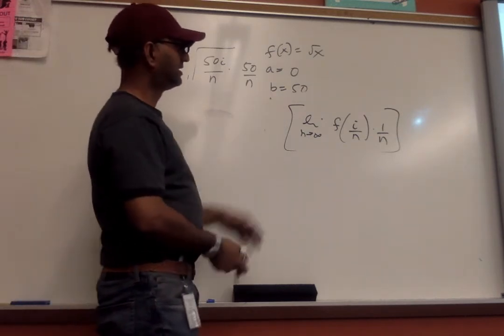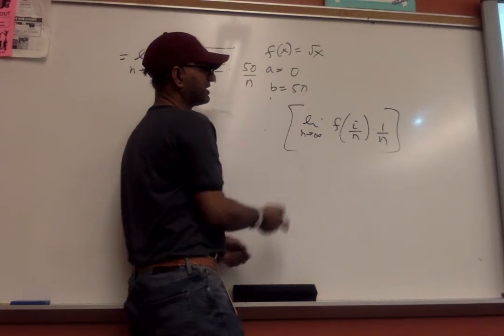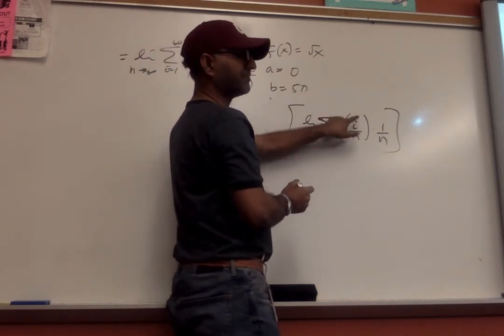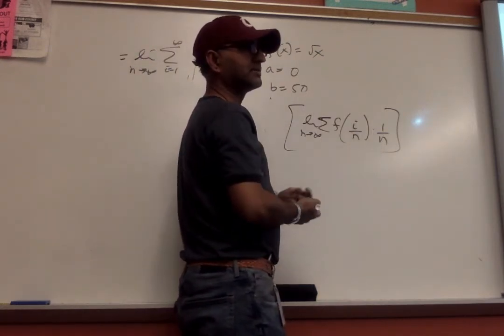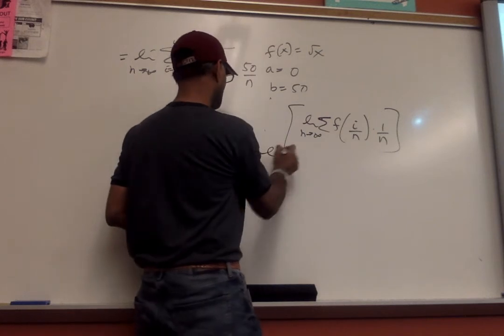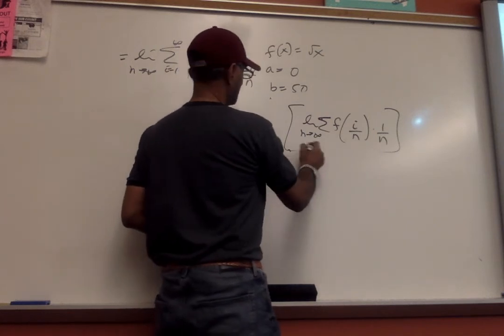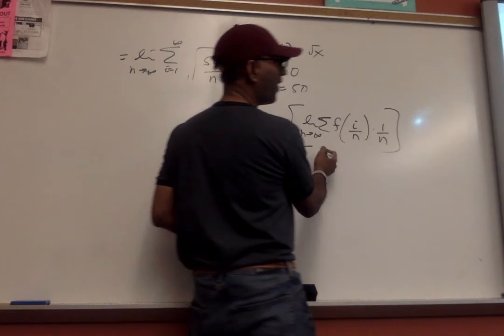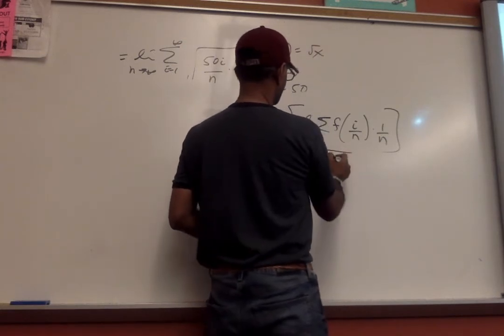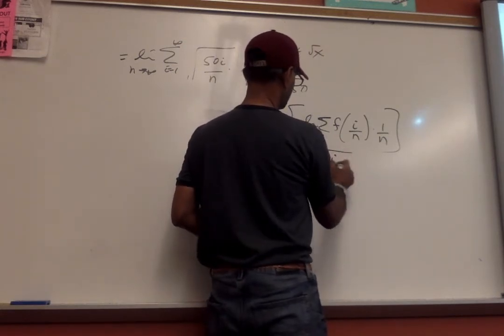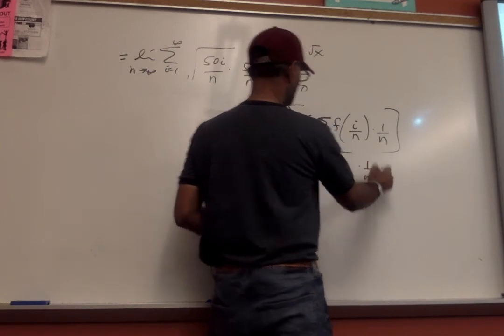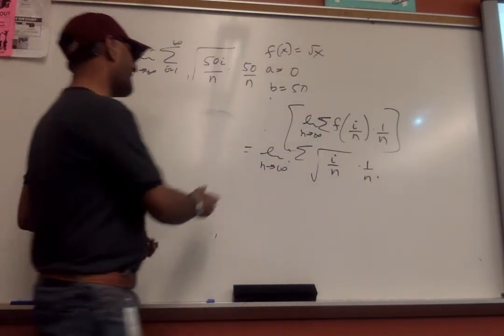Yes? Limit n approaches infinity. Oh, summation f of i over n times 1 over n. Is that clear? This is evaluated. Limit n approaches infinity. Summation f of i over n. Yeah? Times 1 over n. So I'm going to expand it.